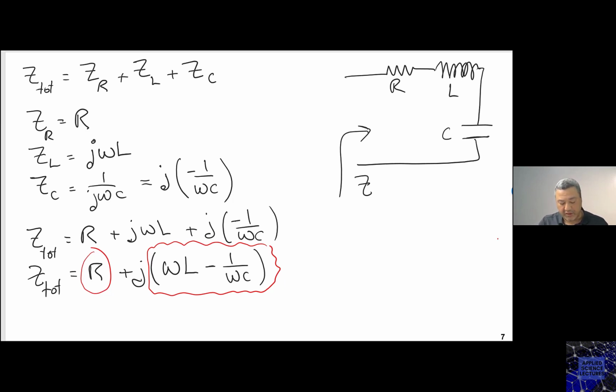So as long as omega L in magnitude is greater than 1 over omega C, the equivalent circuit is going to be inductive.